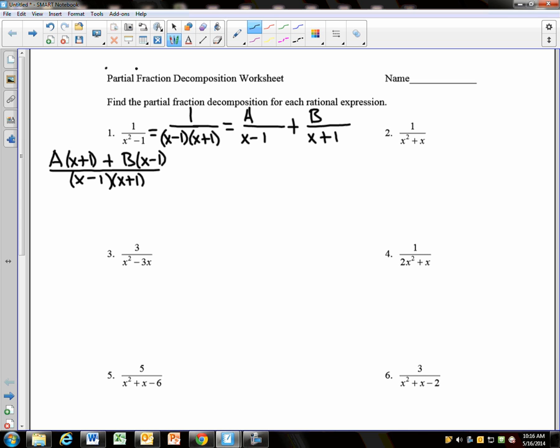A times X, AX. A times 1, A. B times X, B times negative 1. And that in the end should equal 1.